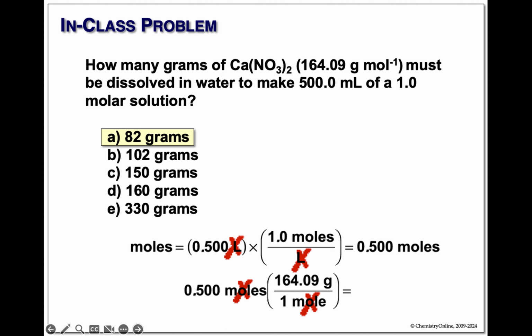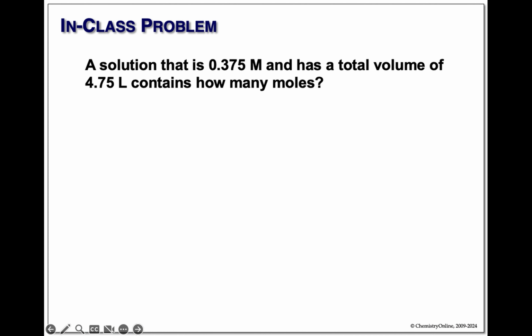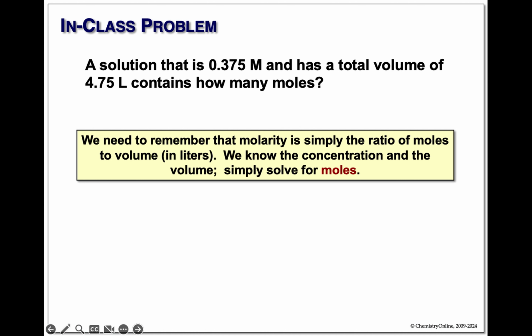Another question. We have a molarity. We have a volume. We're looking for moles. That's so simple. We've done this before, haven't we? Concentration, volume, and we're looking for moles.